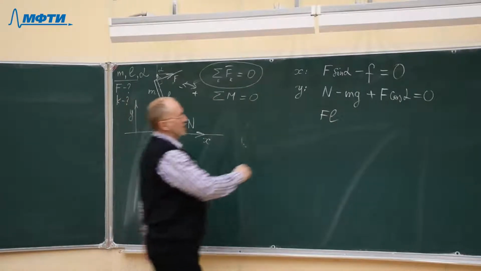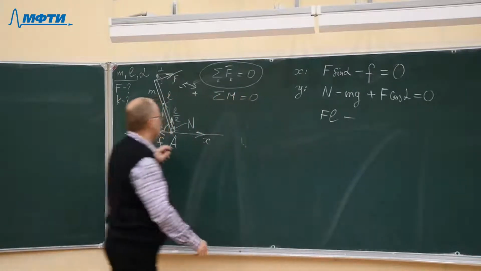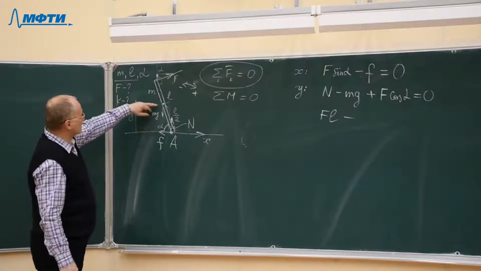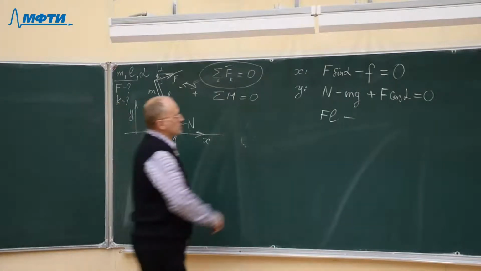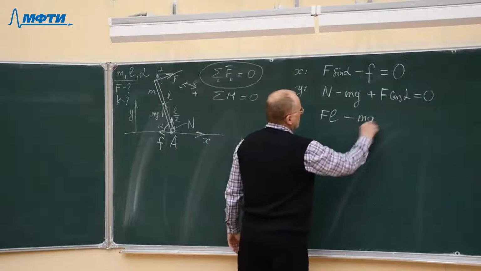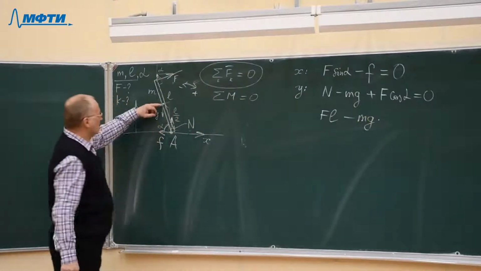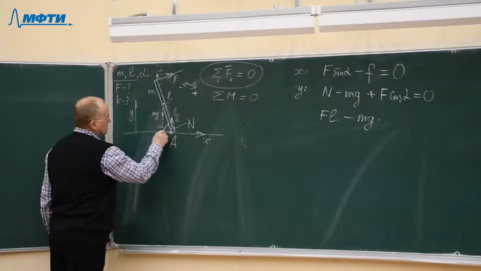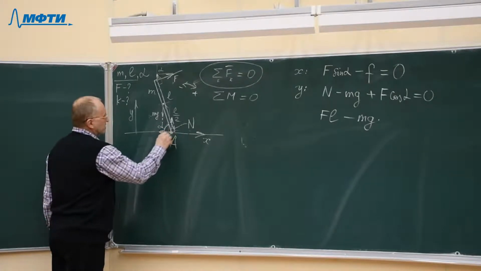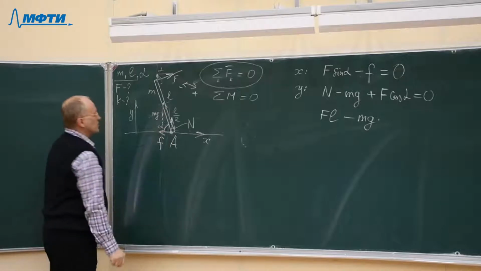So its torque will go in with the minus sign. In order to calculate the torque of this force, we must take the force itself and multiply it by the arm of this force. And the arm is the shortest distance from the axis of rotation to the line of action of this force.